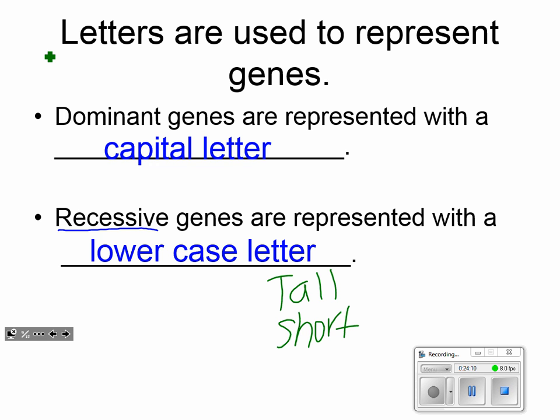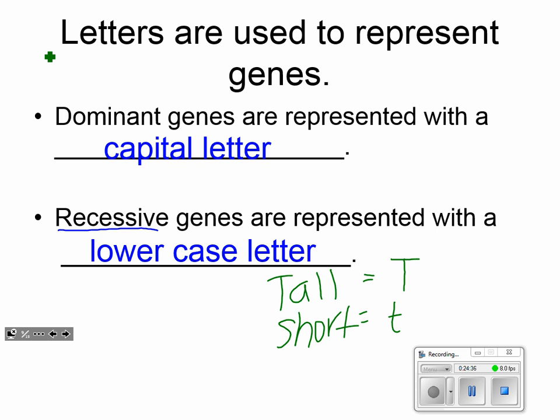Capital what? T. Because all the letters are represented by the dominant letter, what letter are we going to use for the recessive? Can't be S, it has to be what? Lowercase t. So tall is uppercase T and short is lowercase t.